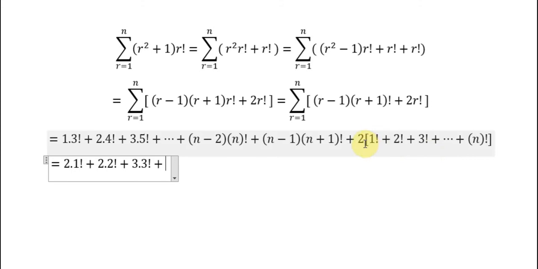And similar with the others: 2 multiplied with 4 factorial, and we have 2 multiplied with 4 factorial. We get 4 multiplied with 4 factorial, and keep going like this.